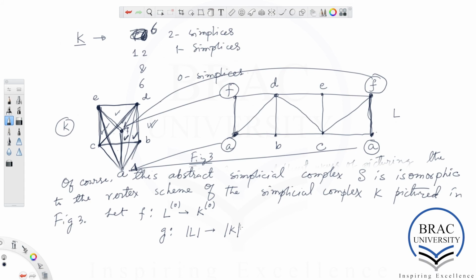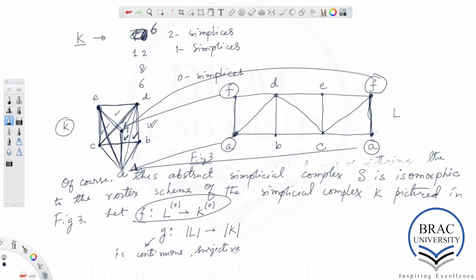This map is continuous by lemma 3, and it is also surjective, because F is surjective.